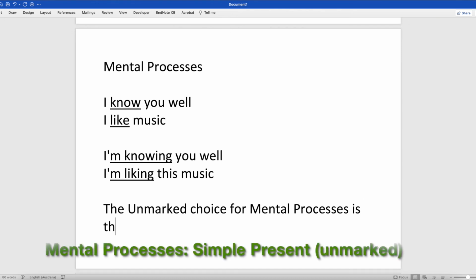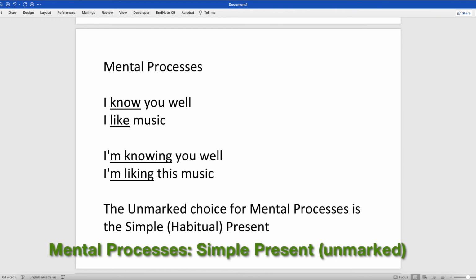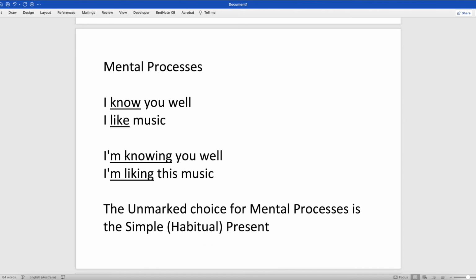It's the simple present, isn't it? Or the simple habitual present tense. Definitely the habitual present. I know you. I like the music. I believe. Yeah, these are all the default option or the unmarked choice for mental processes.